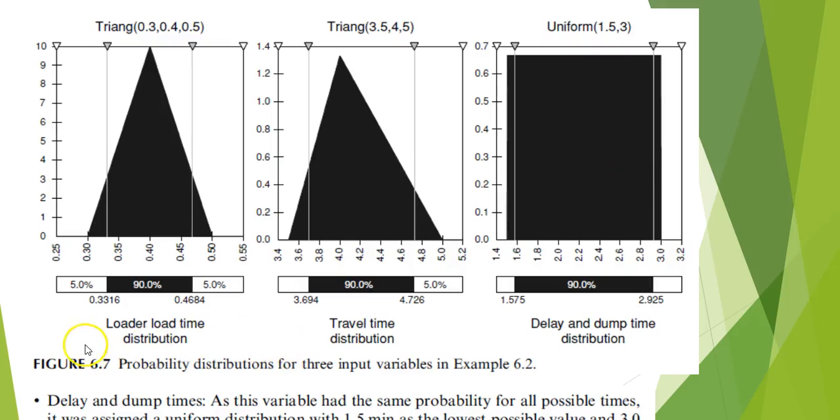So for this particular load and dump situation, we can describe what's going on using 2 triangular probability distributions, one for the loader, one for travel time, and a uniform distribution for delay and dump time.